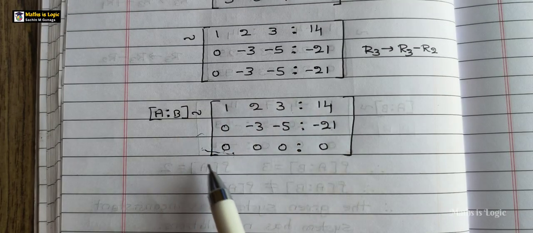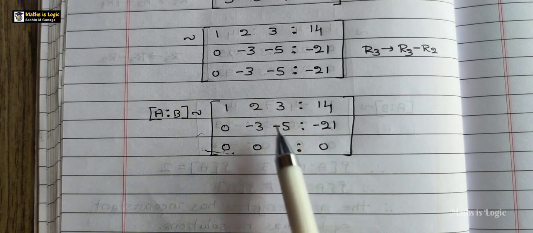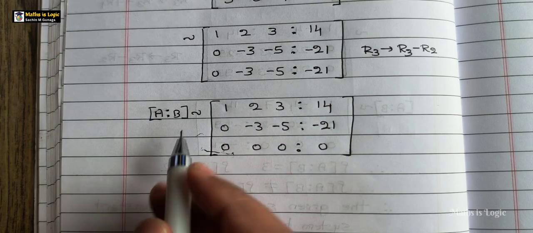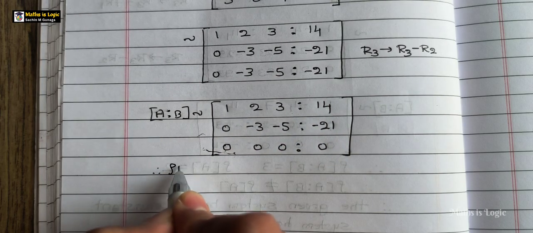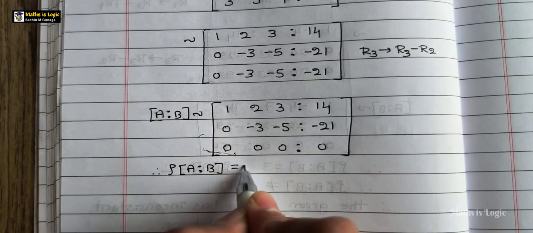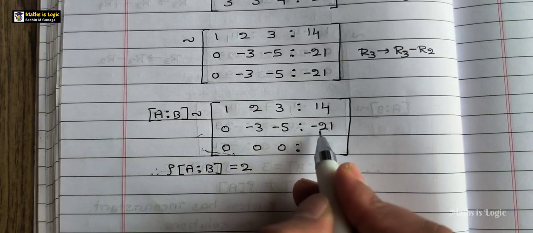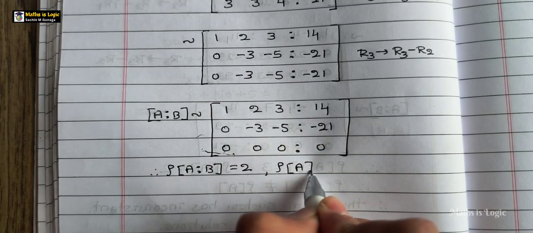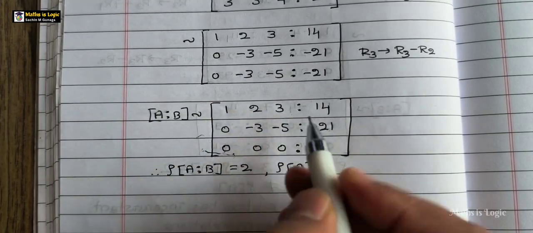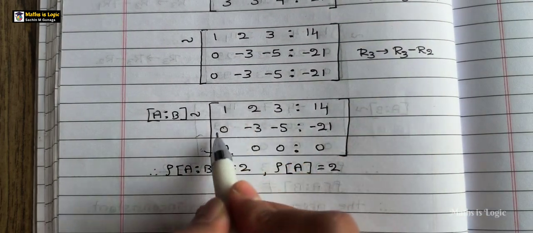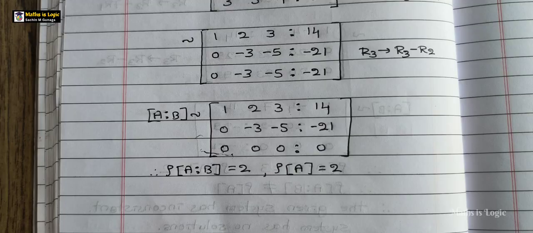Now we have reduced to echelon form, but here only two non-zero rows are there. Therefore the rank of the augmented matrix is 2, because two non-zero rows are available. Next, the rank of A also directly goes to 2, because again there are two non-zero rows.